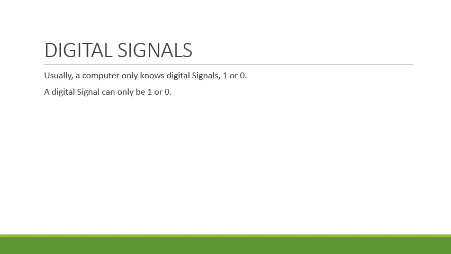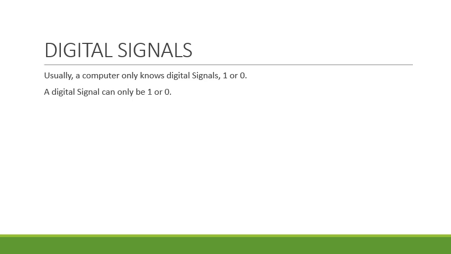What is a digital signal? Before we get to what a digital signal is, usually a computer only knows digital signals, 1 or 0. So for our knowledge of Arduino, let us simply take it that a digital signal is a value 1 or 0, that is either high or low.